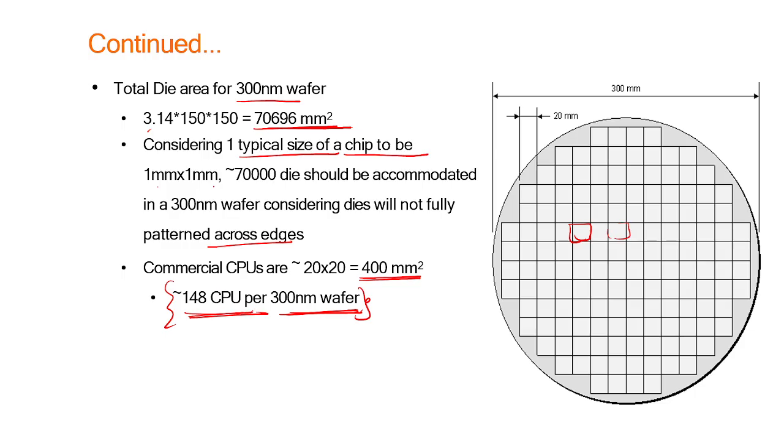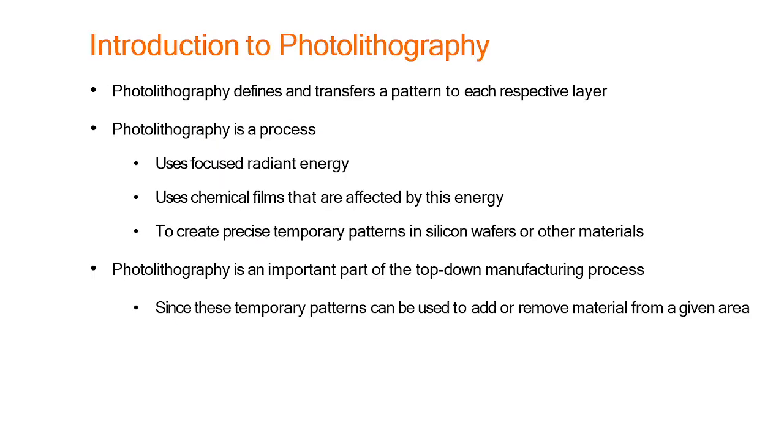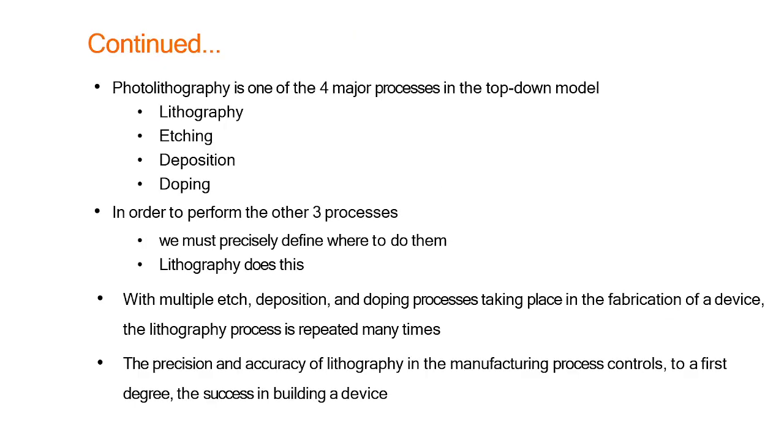So this is the die. And photolithography, yesterday I told you how to do it. Photolithography is the process where the unwanted material we need to remove, and the material we want we need to keep. The major processes are lithography, etching, deposition, and doping.